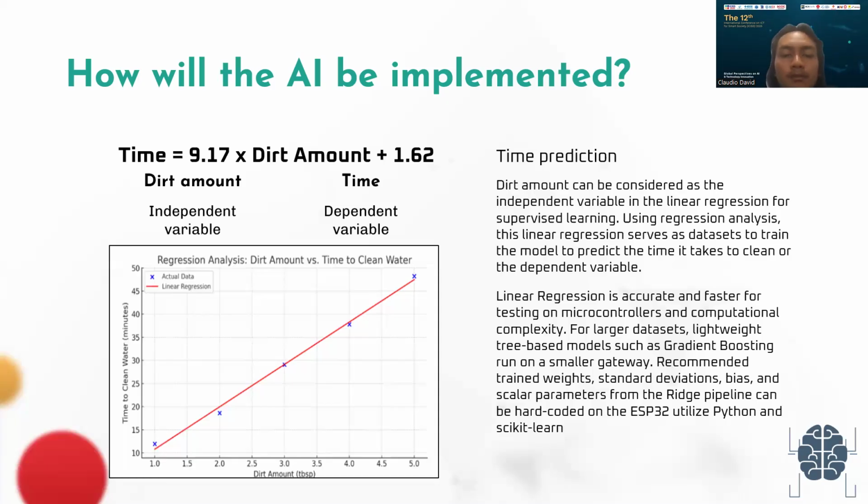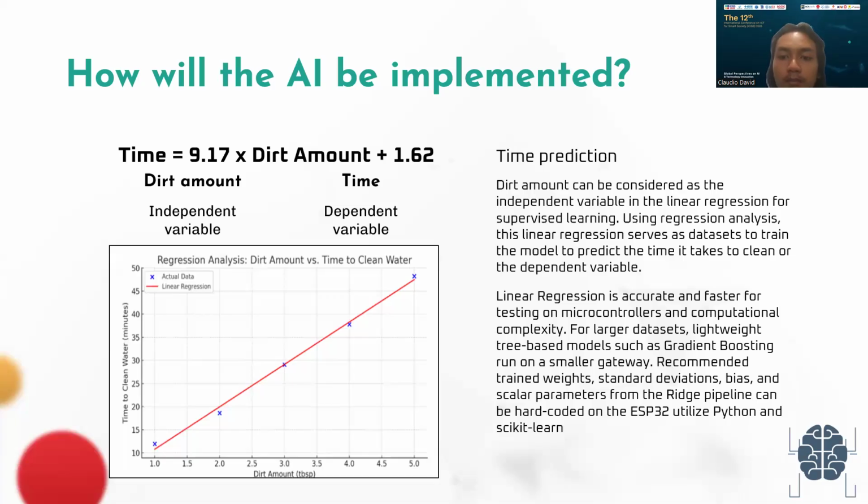Linear regression, that we accumulate and also have seen and also conducted with other papers, is more accurate and faster for testing on microcontrollers. Also, computational complexity purposes for large data sets.